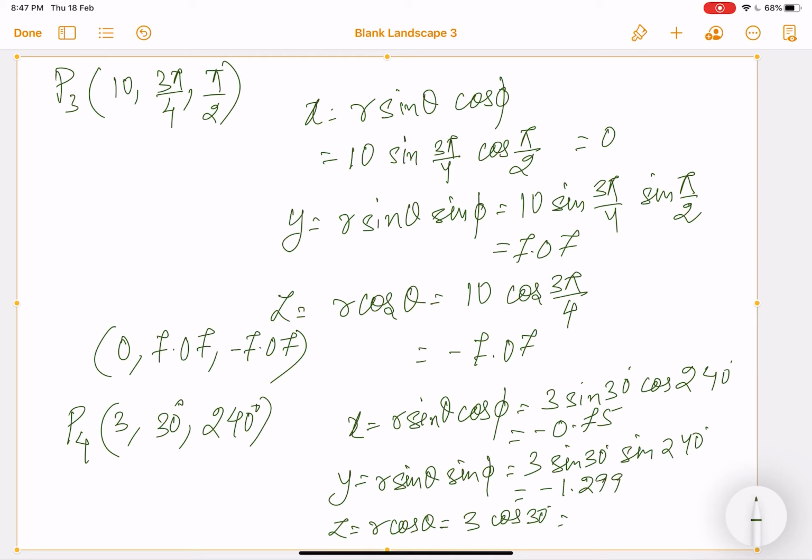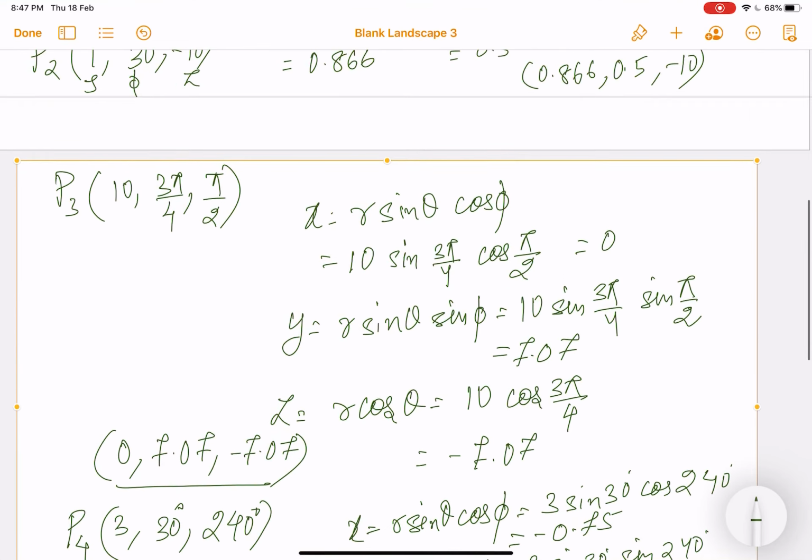Then next is z, which is 3 cos 30 degrees, that is 2.598. These questions, if you're a beginner, you must always practice. Keep practicing. Don't underestimate the power of practice. So this is what you got as your Cartesian coordinates. These are all the answers that you got.